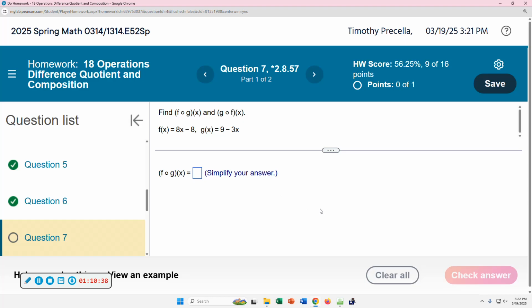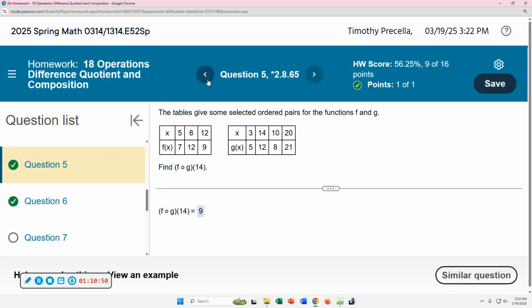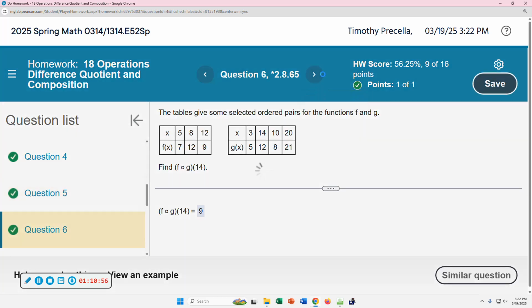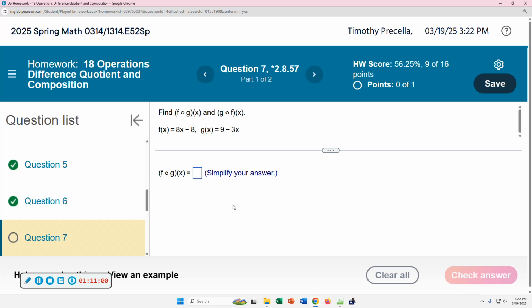The final answers were numbers. The composition at a number gives you an answer that's a number. A composition at x gives you a function of x.